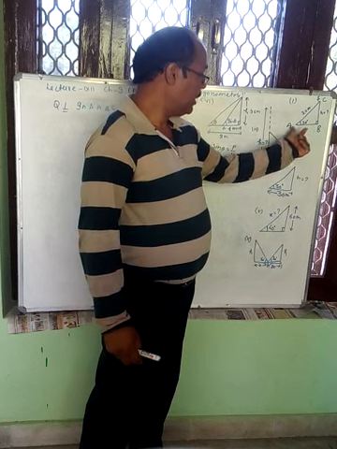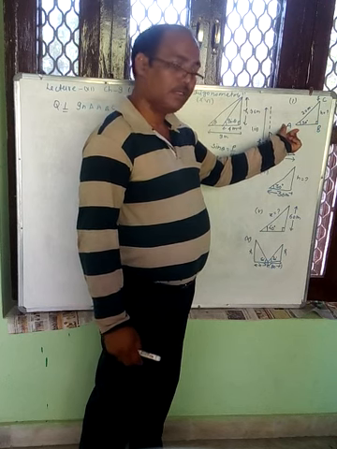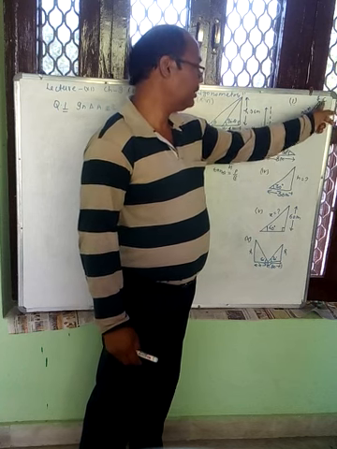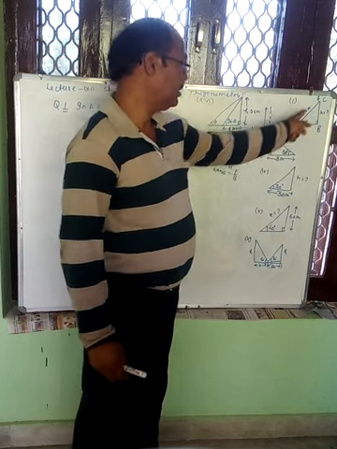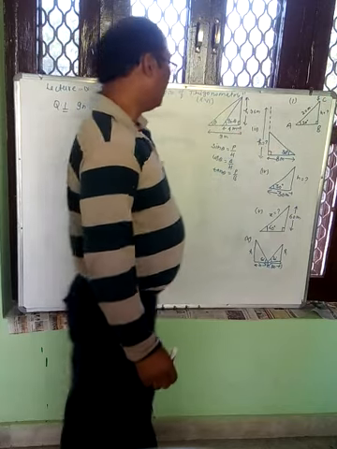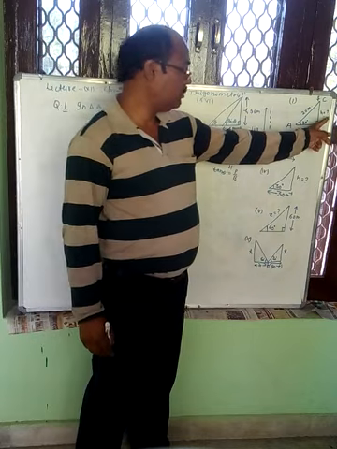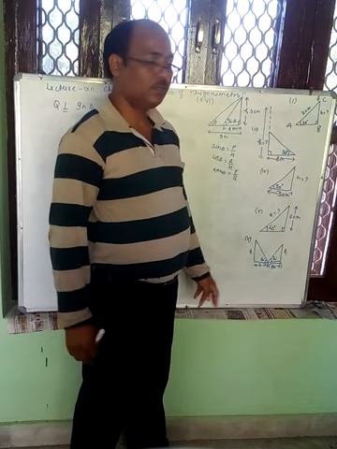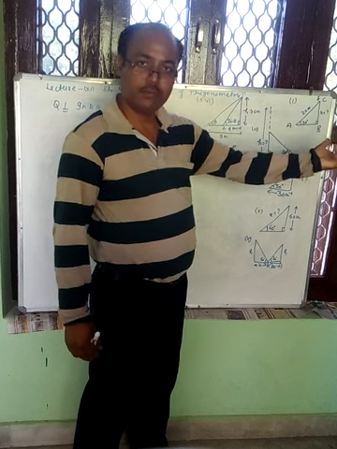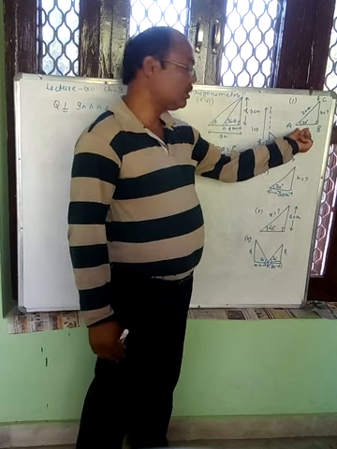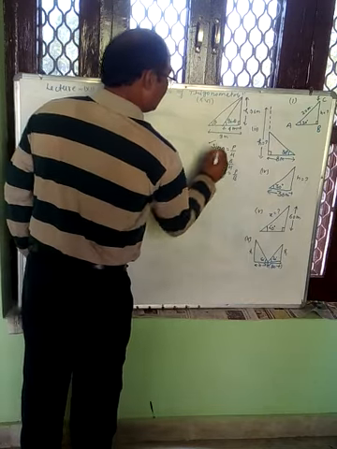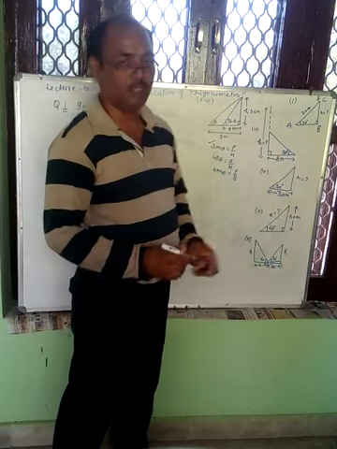Now the base angle here is 30 degrees, here is 90 degrees, this is the height and this is the hypotenuse. Okay. Now for sine theta, we know the relation between perpendicular and hypotenuse. The hypotenuse is given, the perpendicular we want to find, and this angle is given. So we use this ratio here.